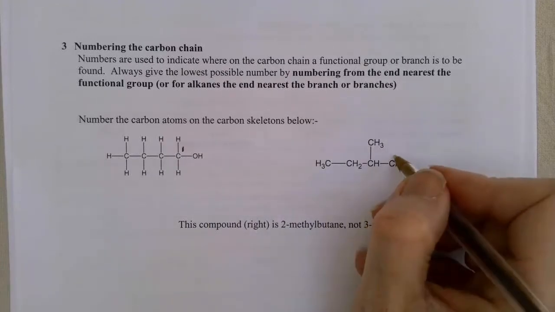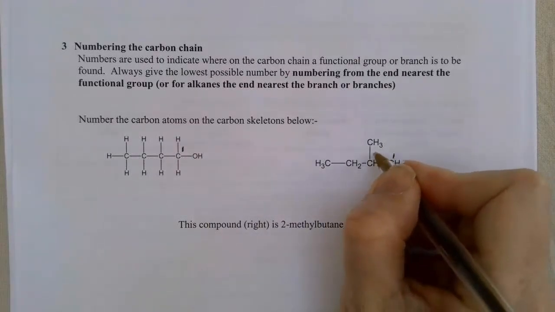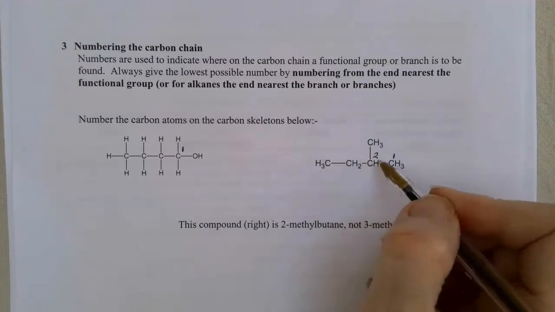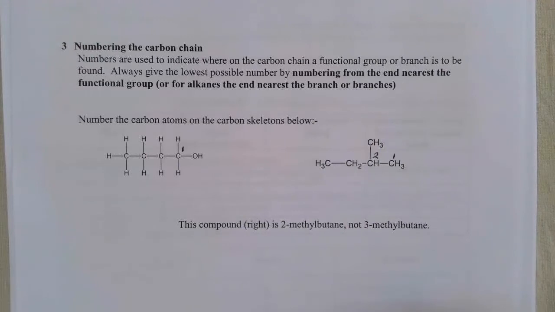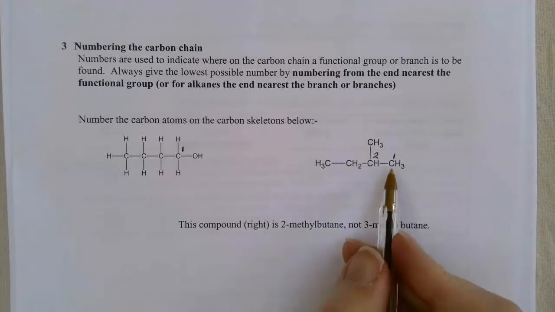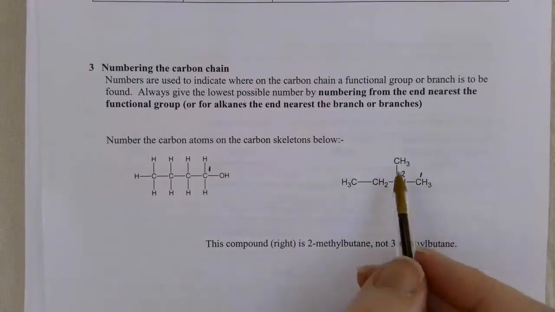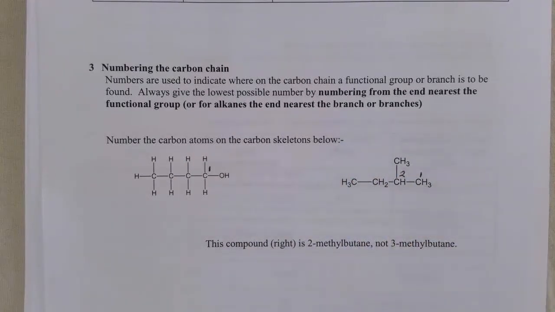In this case, this is carbon number 1, and this is carbon number 2. That's because the branch needs to sit on the lowest possible number. So this becomes 2-methylbutane rather than 3-methylbutane. And this molecule is butan-1-ol, not butan-4-ol.